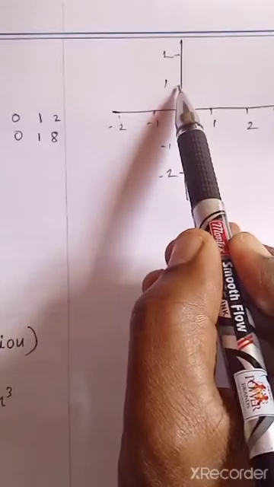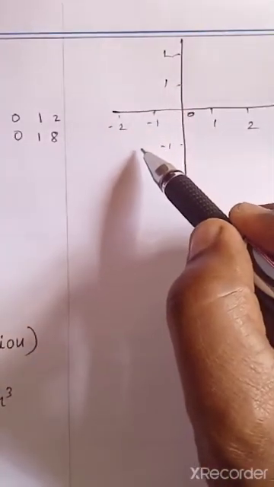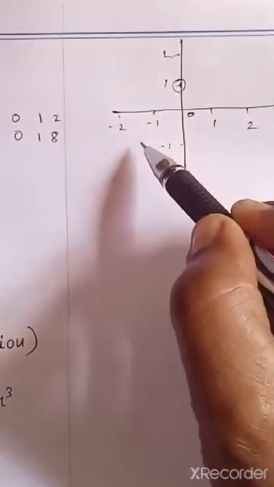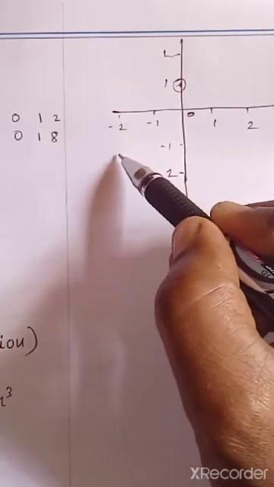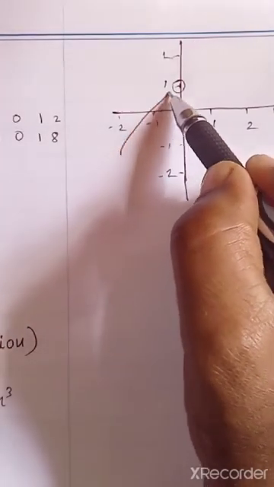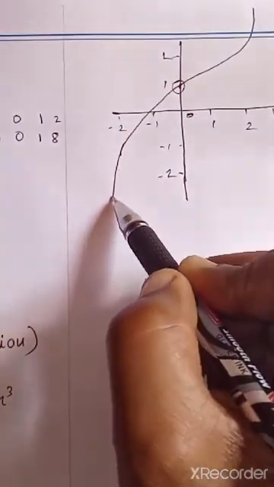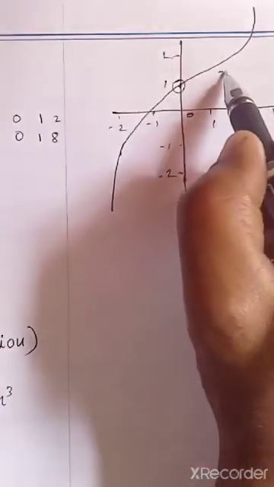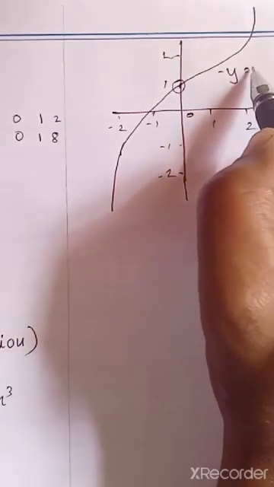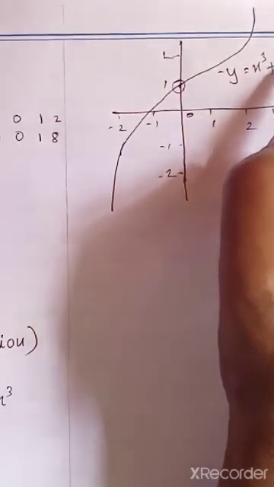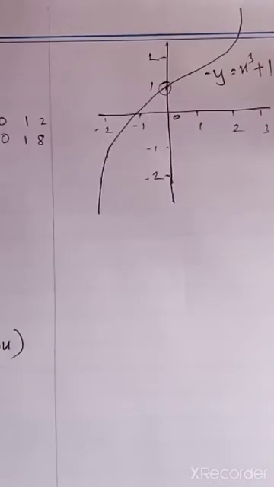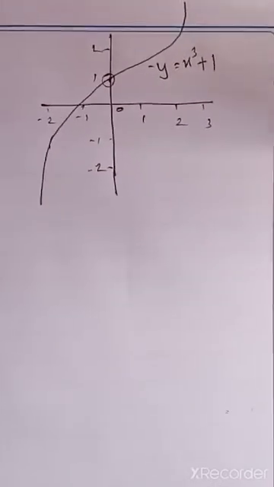This is your first point, right? So the graph will be here. So the graph will be like this. This is your y equal to x cube plus 1. Is that clear? y equal to x cube plus 1.